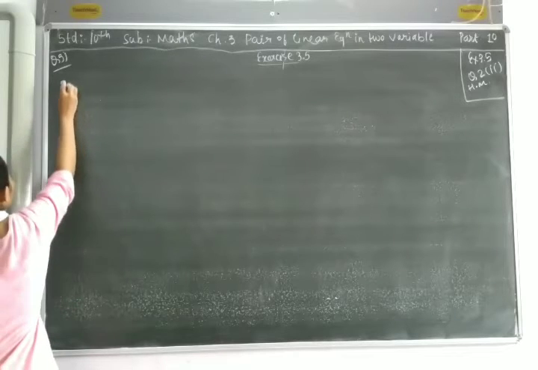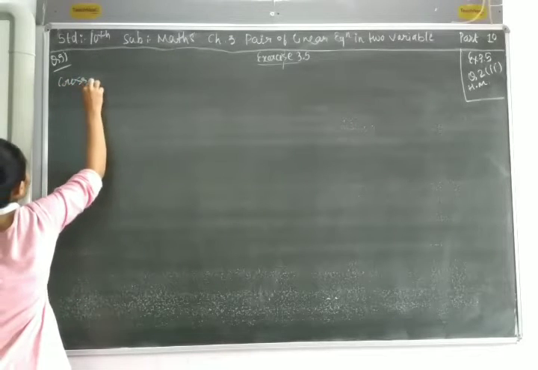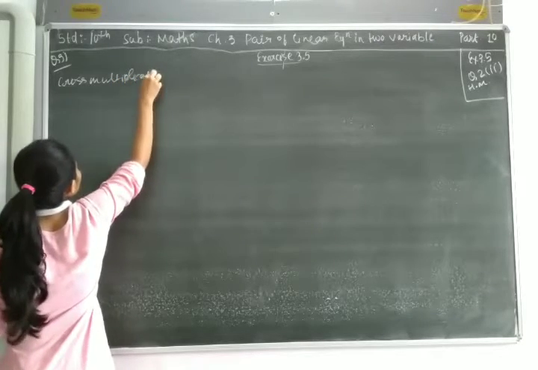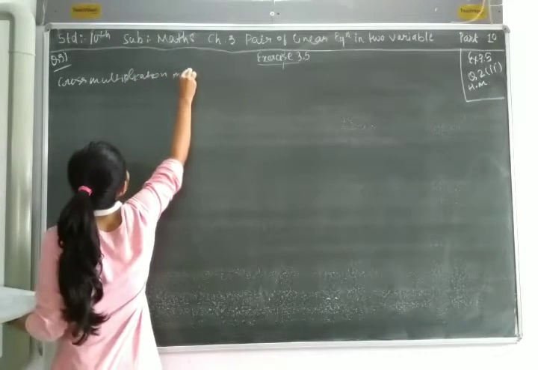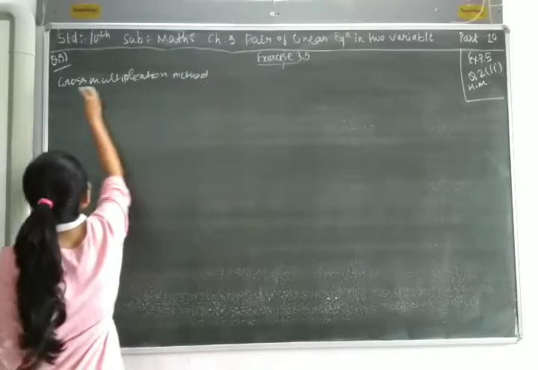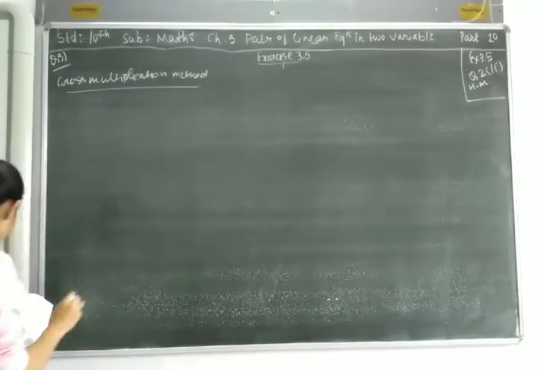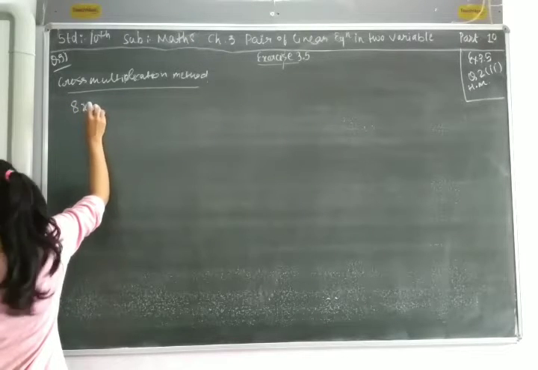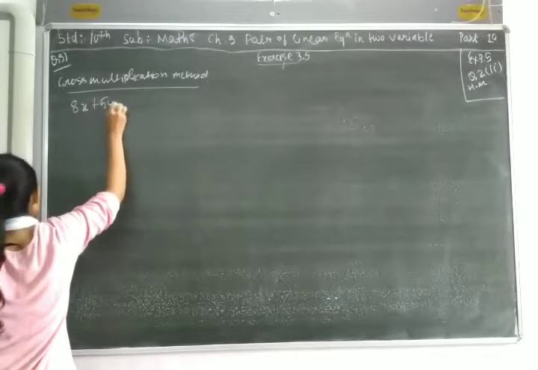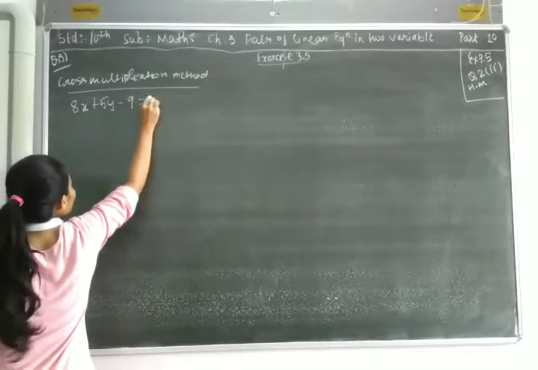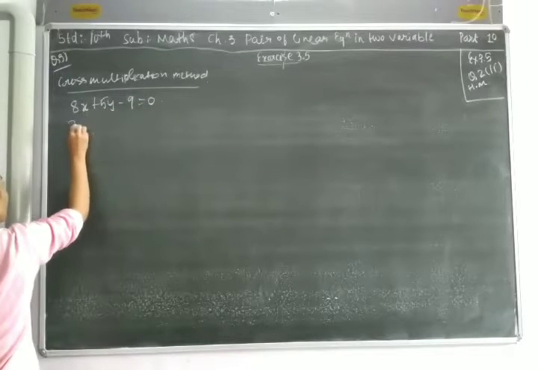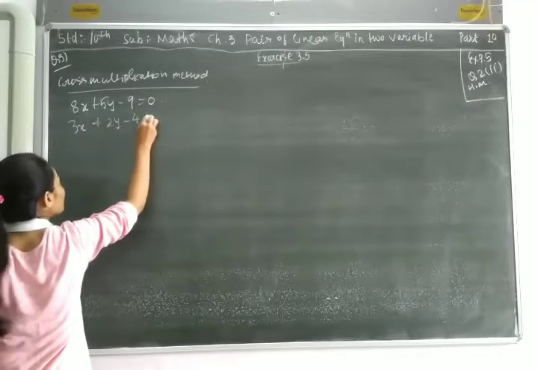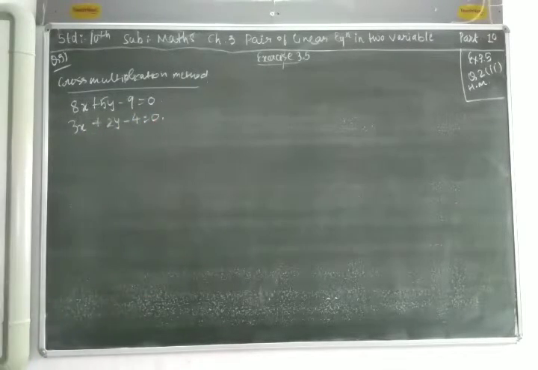Question number 3, cross multiplication method. First I can write my equations: 8x plus 5y minus 9 equals 0, and 3x plus 2y minus 4 equals 0.